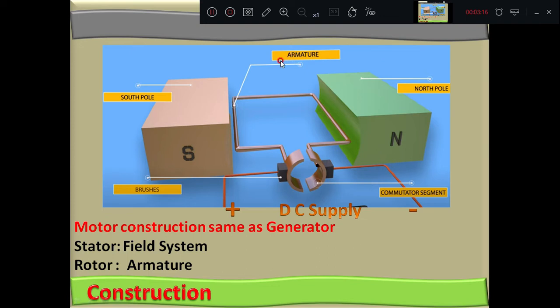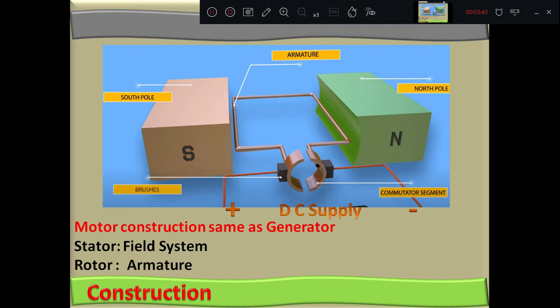See, I have shown here the armature, the south pole and a north pole. Then we have this brush, and these are the commutator segments. Then as a motor, I told you it converts the electrical energy into a mechanical energy. What do you mean by that? Here I have shown we are giving a DC supply. DC supply means you are inputting DC power.